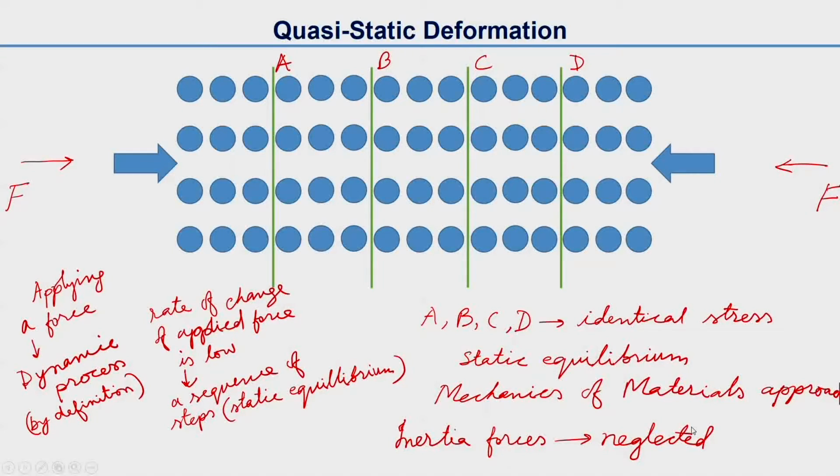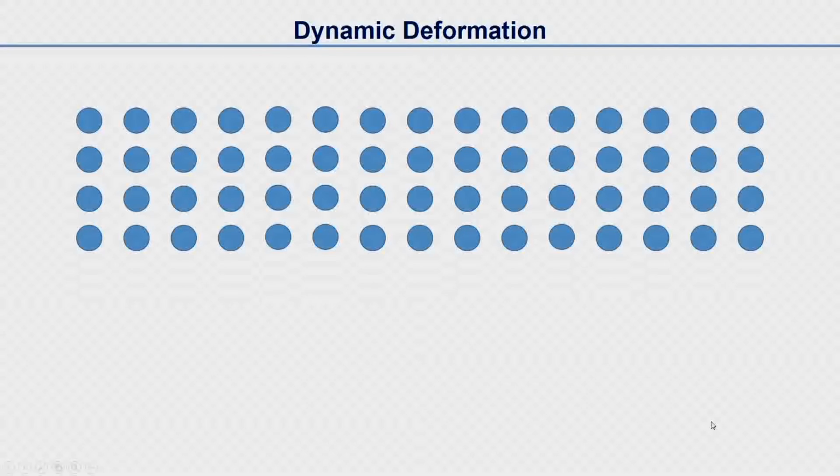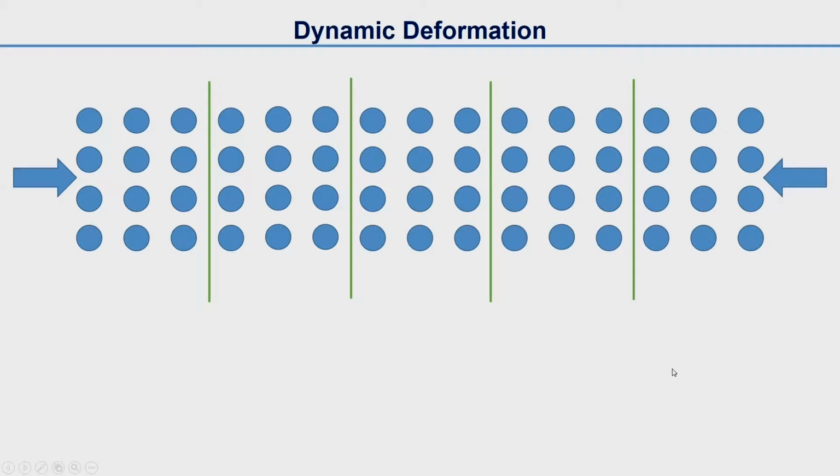So now we will see the dynamic deformation case. Here we will be taking the same bar in 2 dimensions, and we will give the same kind of loading, that is compression from both ends.